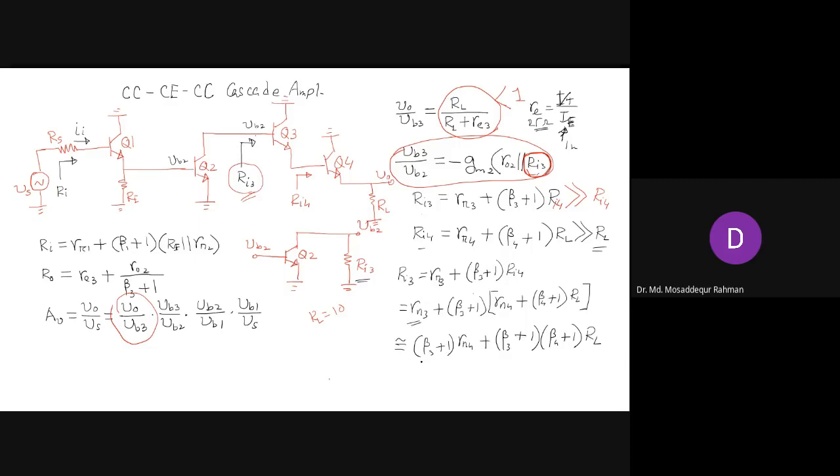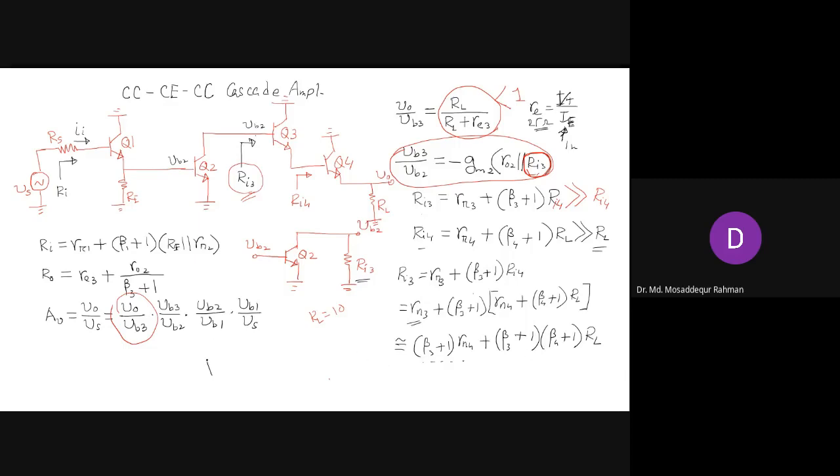So here, first of all, this part will not be that big compared to this. So let's focus on this part. This will only add to this and make the gain even greater. But let's focus on this part and see how much increase we can have in the gain.